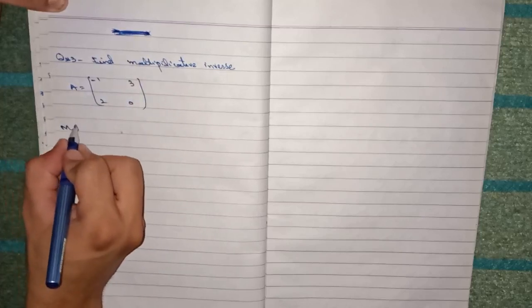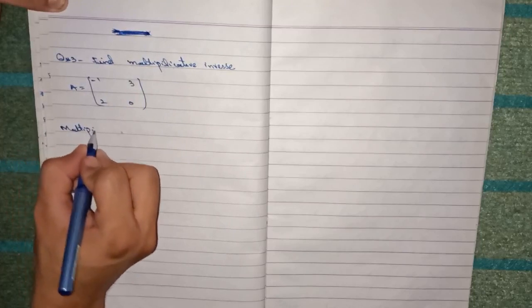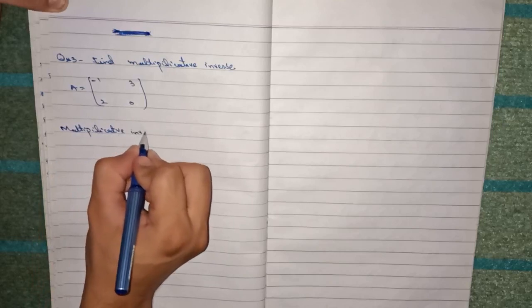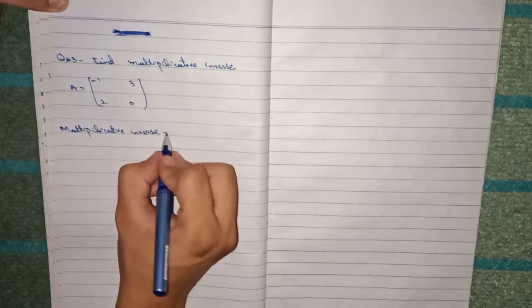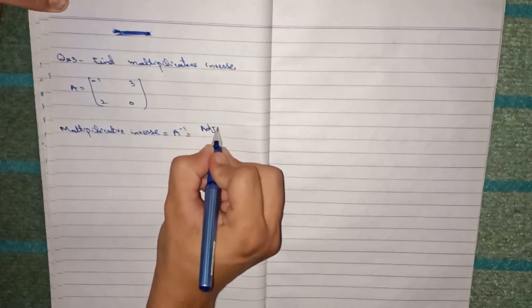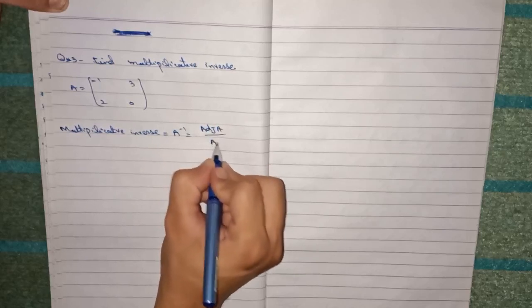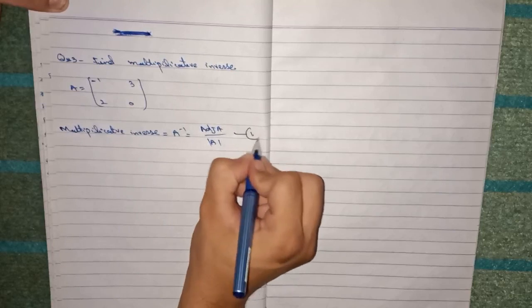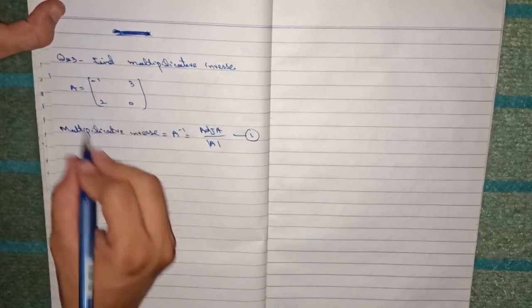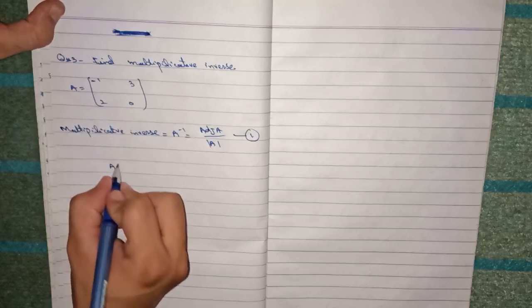Multiplicative inverse: A inverse is equal to adjoint of A over determinant of A. We'll call this equation number 1. Now matrix A is given, finding its determinant.